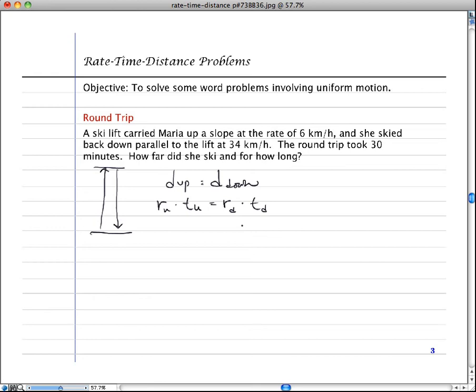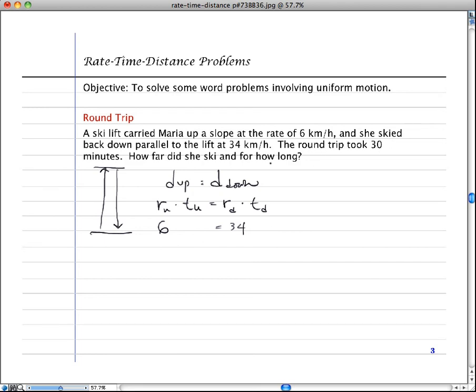So we need to look at the information, guys. The ski lift carried Maria up at the rate of 6 kilometers per hour. So this one is 6 right there. And she skied back at 34 kilometers per hour. So that's 34 right here.